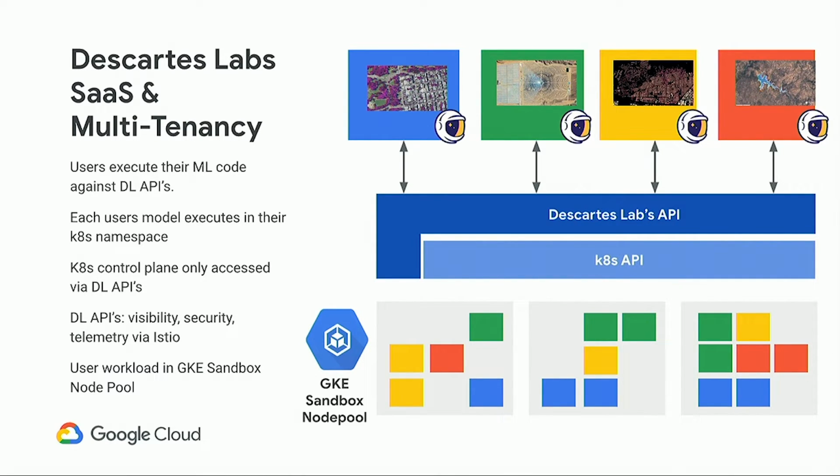And then our Decart Labs APIs are talking to the Kubernetes control plane, and that's how we're scaling up and down the workloads. And then for our Decart Labs APIs to get visibility into what's going on, to be able to do things like rate limiting or security telemetry, that's all handled through Istio.